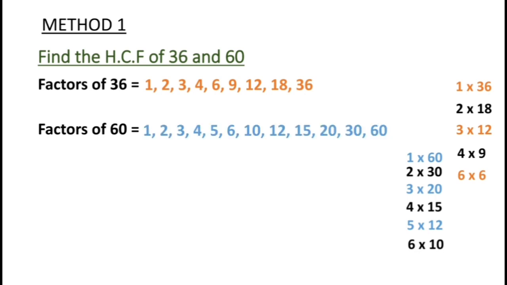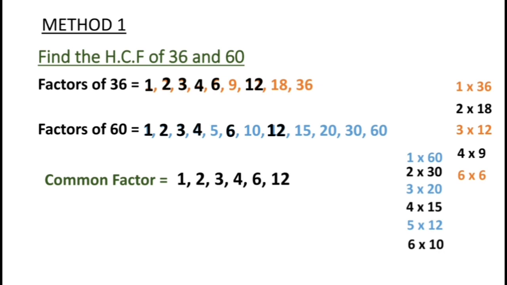Now, let us find the common factors. 1 is common in both 36 and 60. 2 is common. 3 is common. 4, 6, 12. So let us write the common factors: 1, 2, 3, 4, 6 and 12.